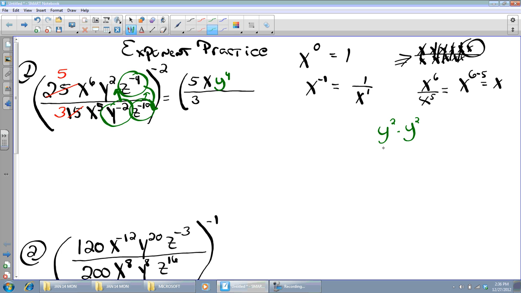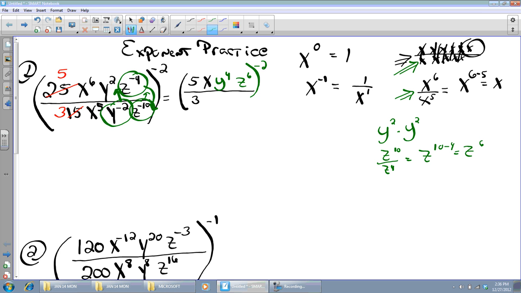And so what I'm going to have is a z to the 10th over a z to the 4th. Again, I can think about this one similar to that one, or I can think about it this way. I'll just go z to the 10 minus 4, which is z to the 6th, and it's positive, so it's in the numerator.